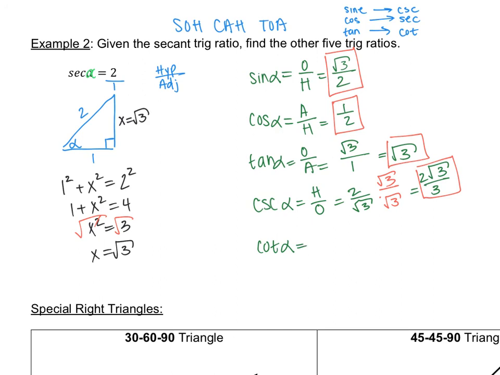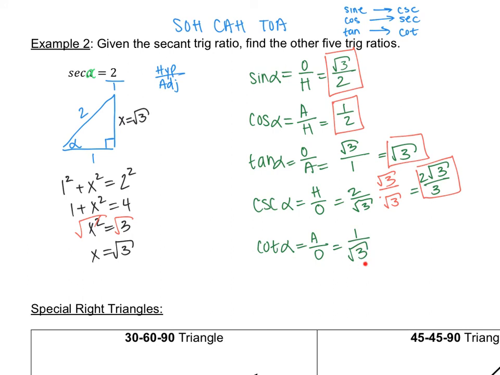Cotangent is going to be the reciprocal of tangent. Tangent is opposite over adjacent, so cotangent is going to be adjacent over opposite. I don't have to write it all out. In this case, my adjacent is 1, my opposite is the square root of 3.